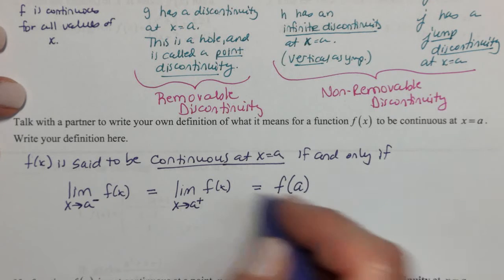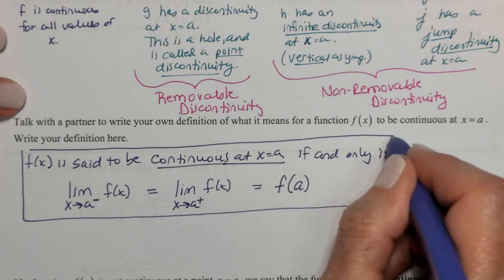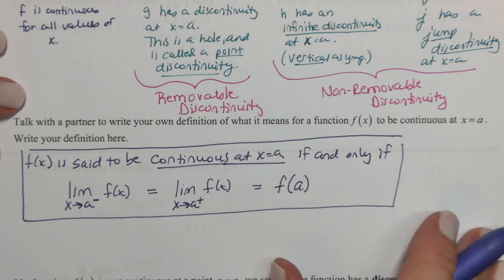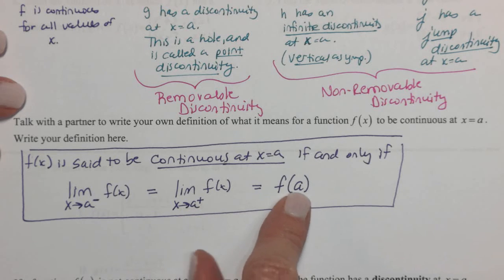All three must be true for f to be continuous at x equals a. The limit from the left must equal the limit from the right, and that must equal the function value.